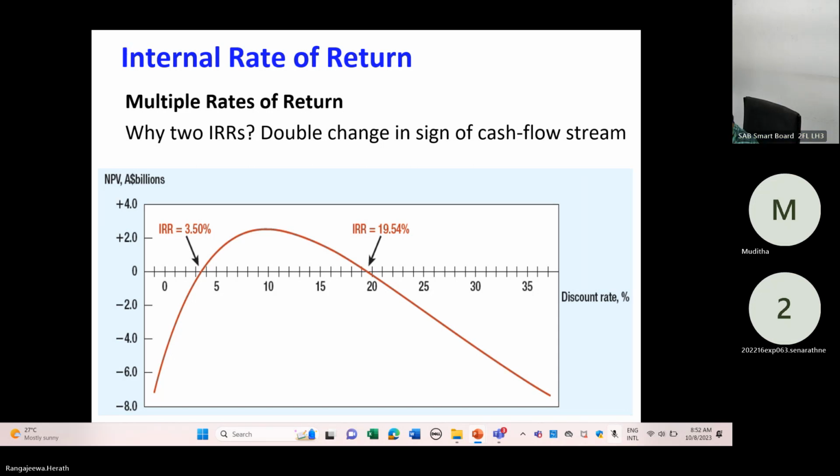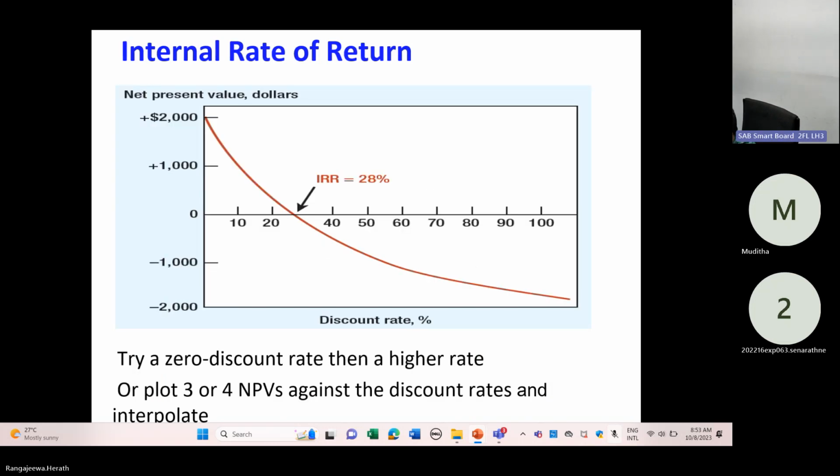Conventional cash flow means you initially spend some amount on a project, a year 0 cash outflow. Thereafter, you expect net cash inflows. If you take a project like that, you can have an NPV line like this.